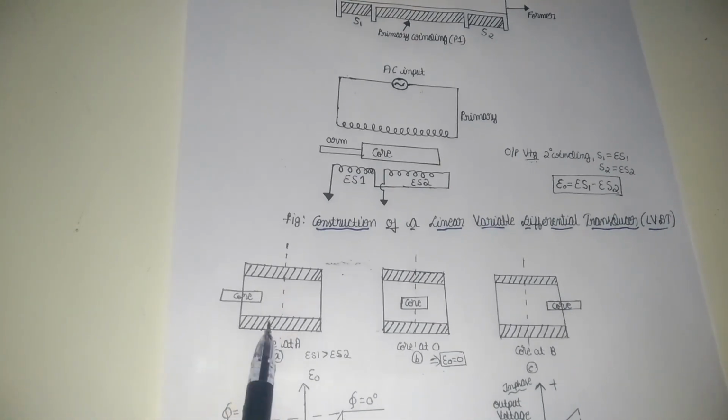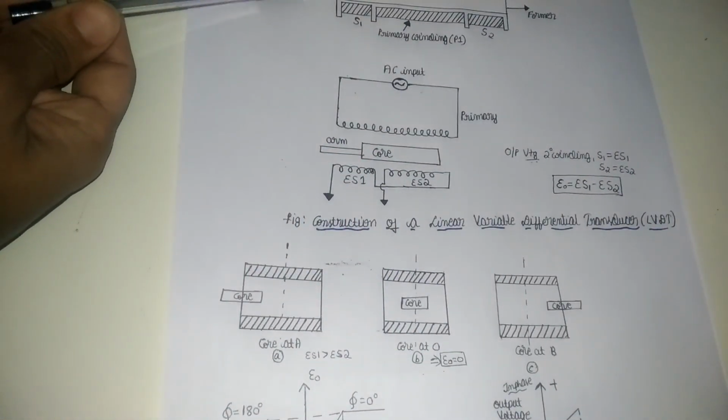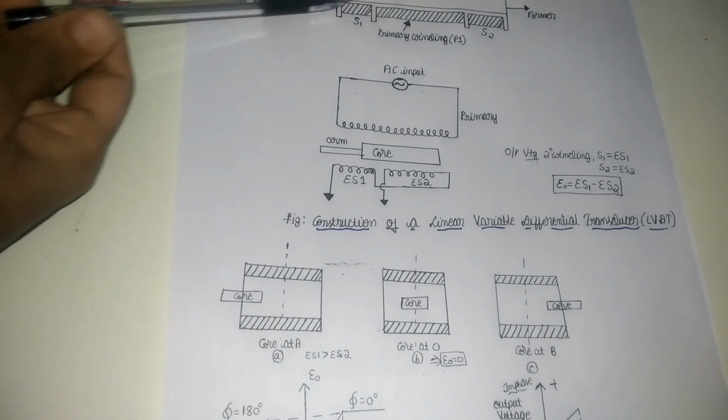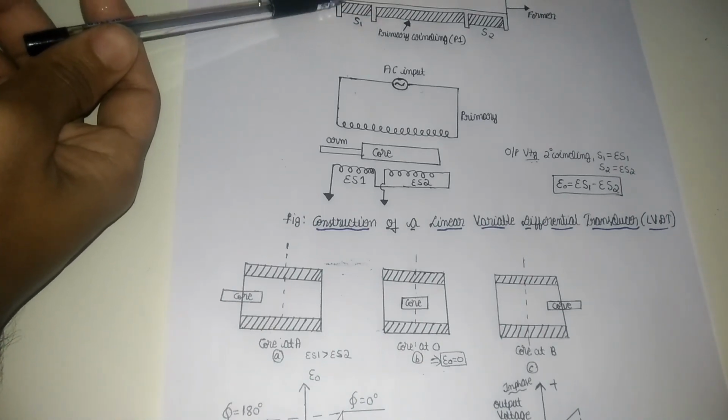When the core is placed to the left of its null position, more flux links with S1 and less with S2.